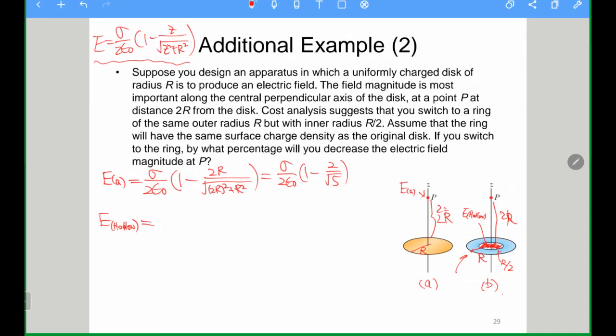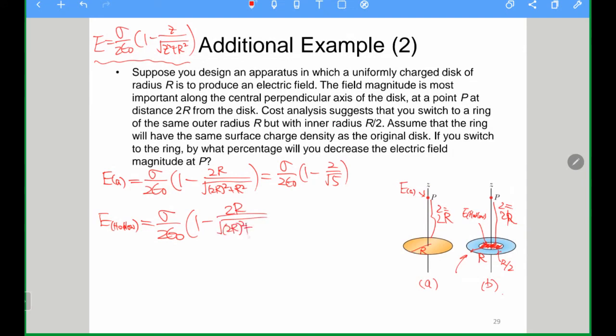So here we calculate the E field generated by the hollow part. It is sigma over 2 epsilon naught times 1 minus, still z equals 2R, so we have 2R over square root of (2R) squared.